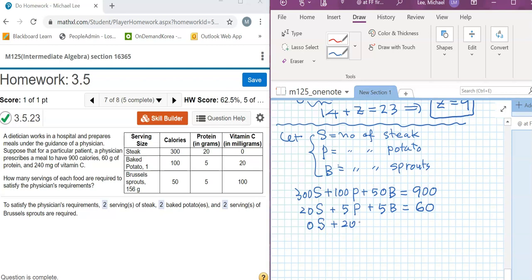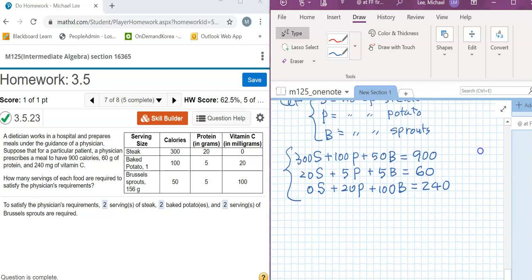Plus 20P because potato has 20 milligrams of vitamin C per serving, plus 100B. Of course, this vegetable has more vitamin C, 100, the table says, and it has to total 240. That's what the doctor orders. So we're solving this.